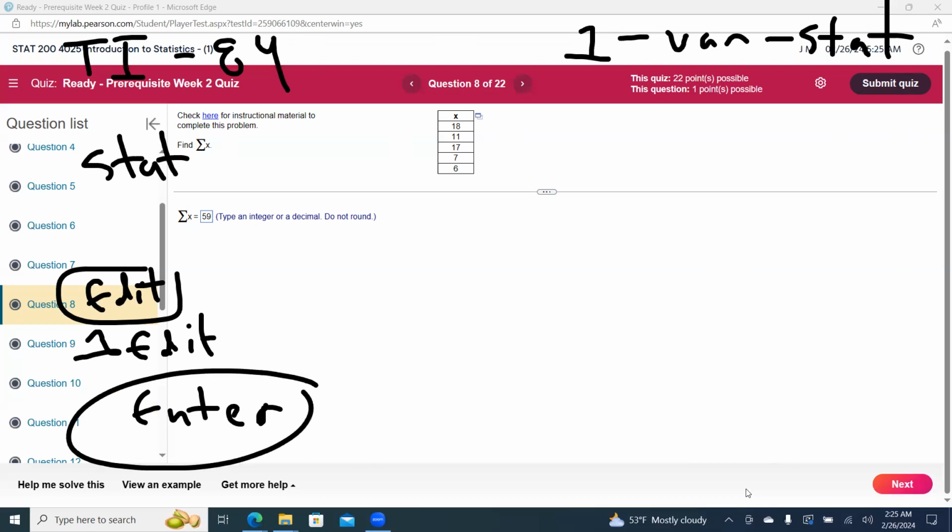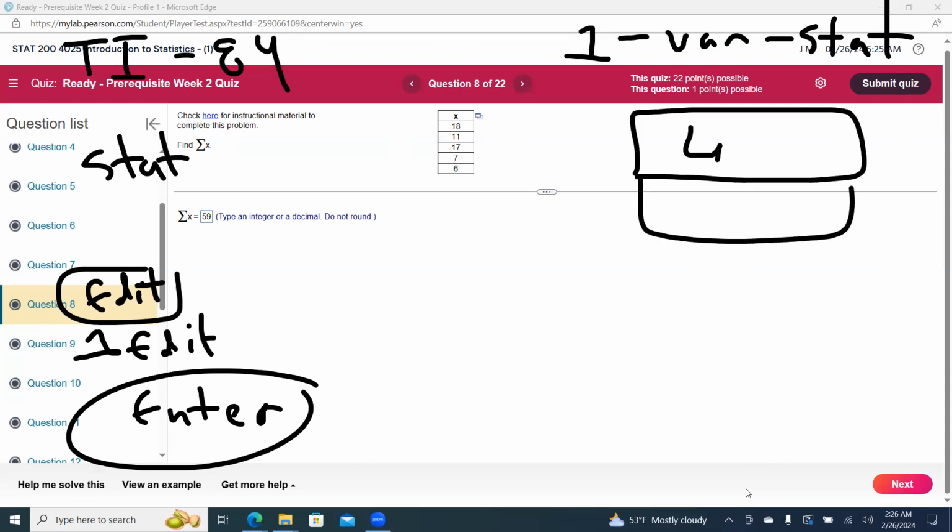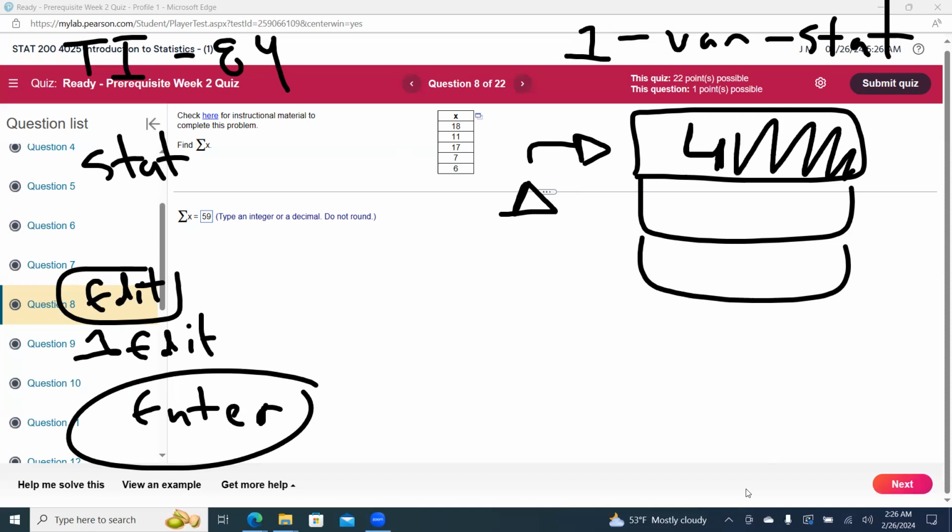And then we have our lists. We have to learn pretty quick how to clear a list. If we've literally never done this before, we don't have to clear a list. But we have like L1 in a little pocket, and then we have pockets. Remember, we have a little arrow on the right where we can scroll up. We have to scroll up such that L1 is highlighted. So you have to scroll up and highlight the little L1.